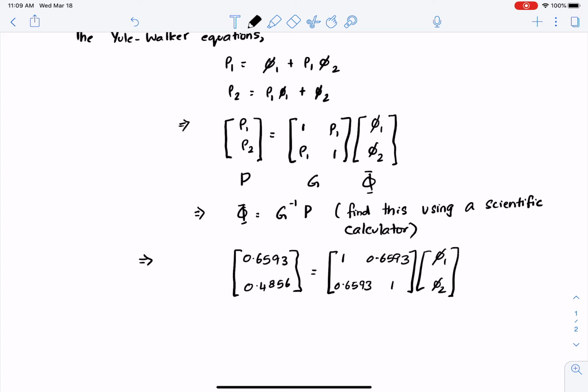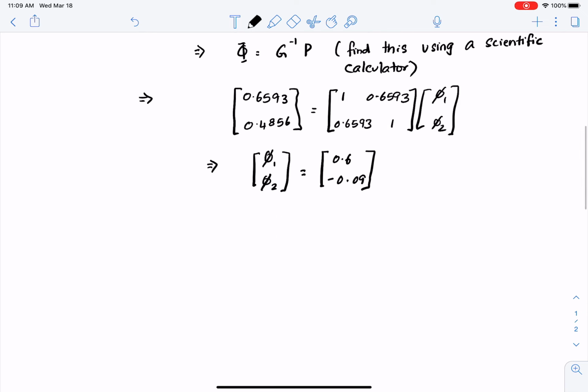And now if we invert the matrix, we will get phi1, phi2 equals approximately 0.6 and negative 0.09.